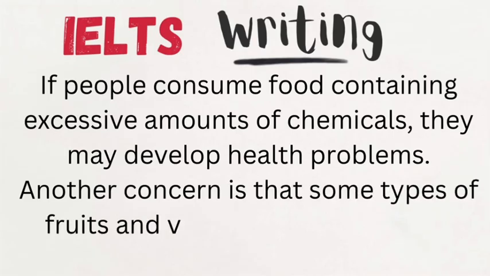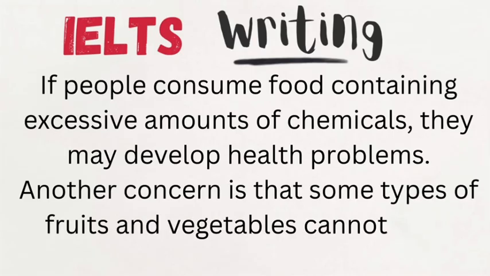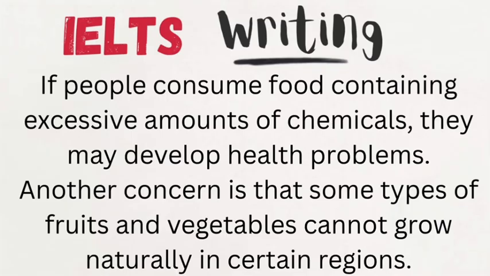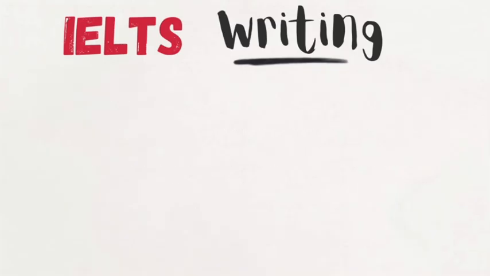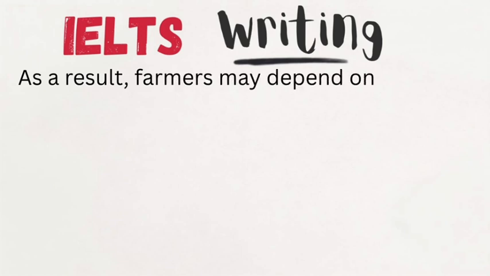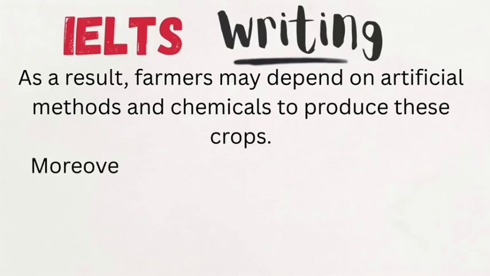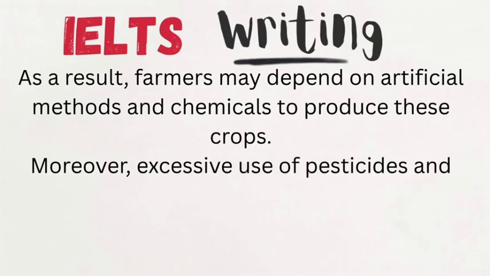Another concern is that some types of fruits and vegetables cannot grow naturally in certain regions. As a result, farmers may depend on artificial methods and chemicals to produce these crops.